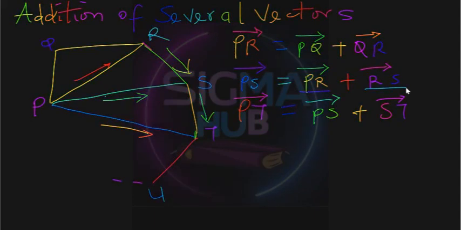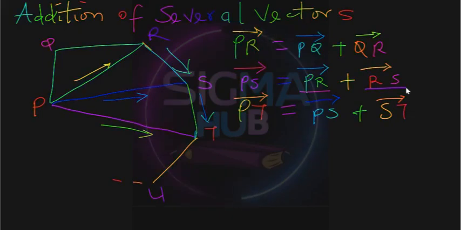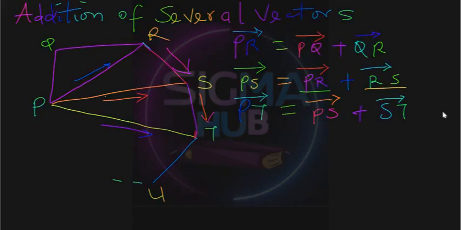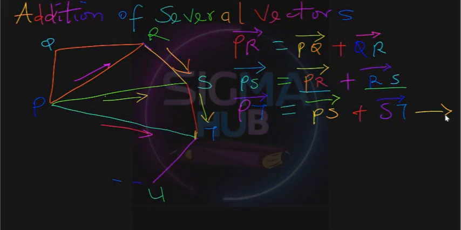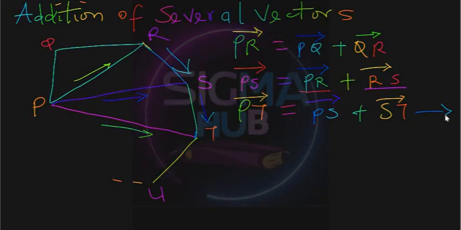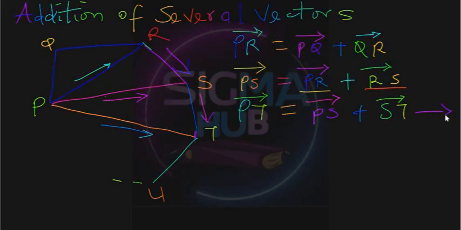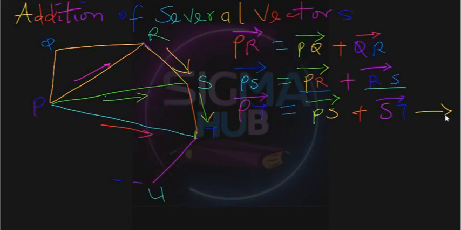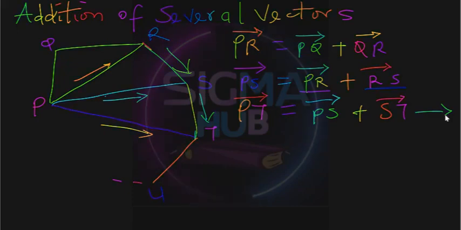All we just need to do is put all this into the parameters that we have. I believe you are getting what I'm saying. Since PR is the same thing as PQ plus QR, you can also put them into what we have earlier.